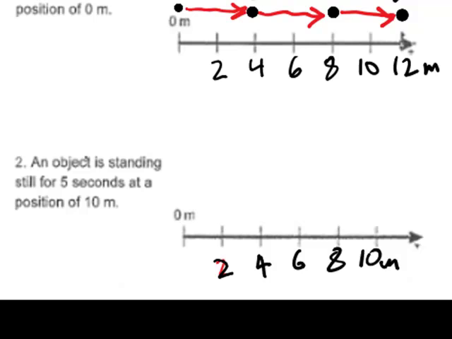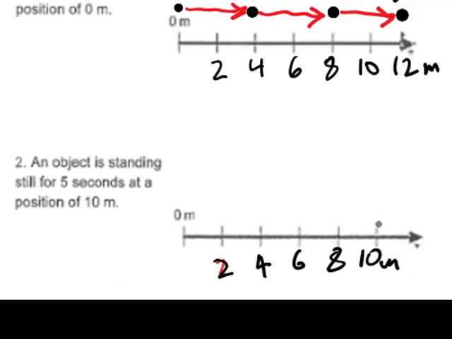Now we have an object standing still for 5 seconds. In our example problems, we had a bug that went along, dropping some ink every second. Another way we could say it is that it's pooping once every second as it goes along. So we can think of the bug as standing still for 5 seconds at a position of 10 meters. What would happen if it pooped at a time of 0?